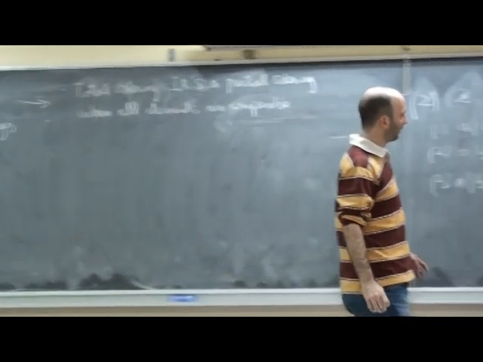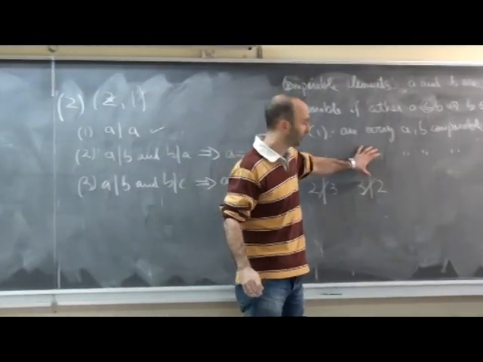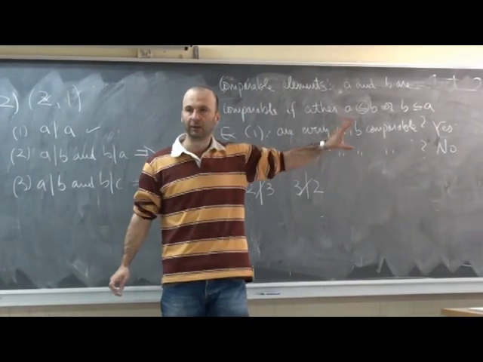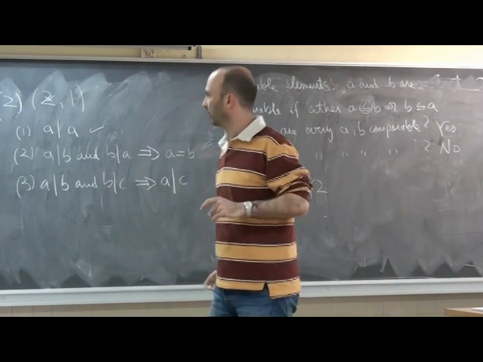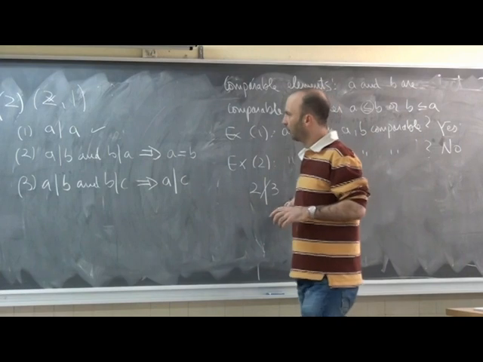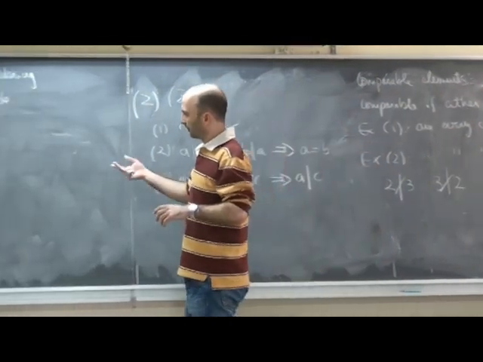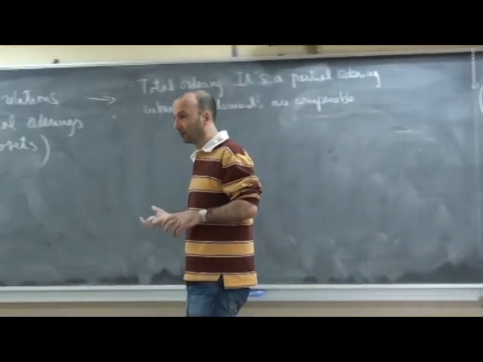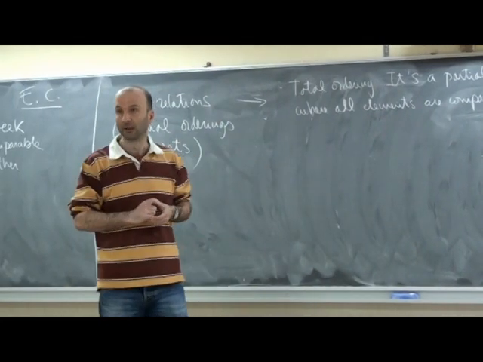For example, this set here, the set of integers with divisibility, is not a total ordering because some of its elements are not comparable. Whereas the set of integers with the usual ordering is.